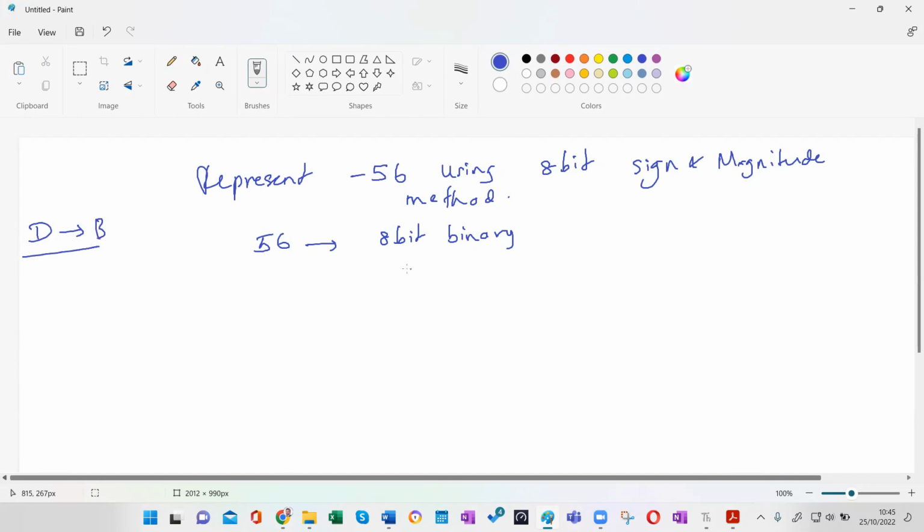Get the binary equivalent, and if there aren't enough bits, add some leading zeros to make it 8-bit. After that, you take the most significant bit and represent the negative sign using 1. That's all. I'll give you 5 minutes. Can you quickly do it?